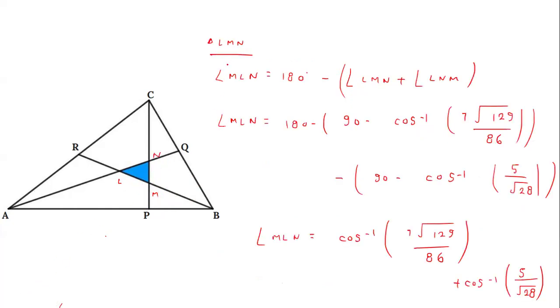Now consider the triangle LMN. So now we know this M angle, and this N angle. So we can calculate this L angle as 180 minus the M angle plus this N angle. This we know, angle LMN is 90 minus cos inverse of this.